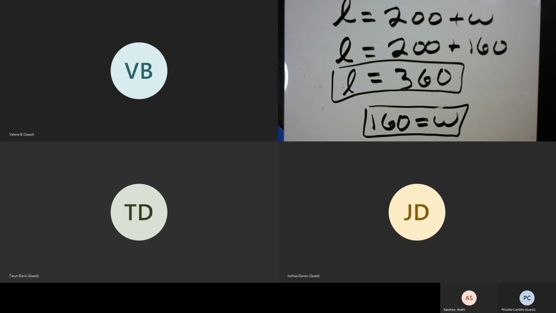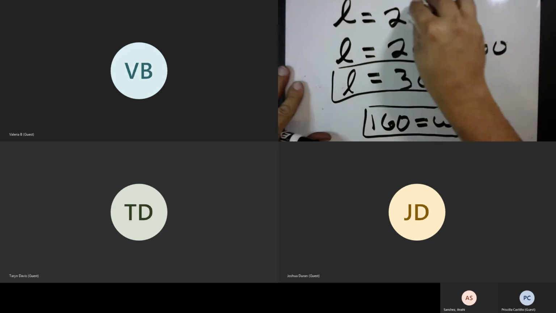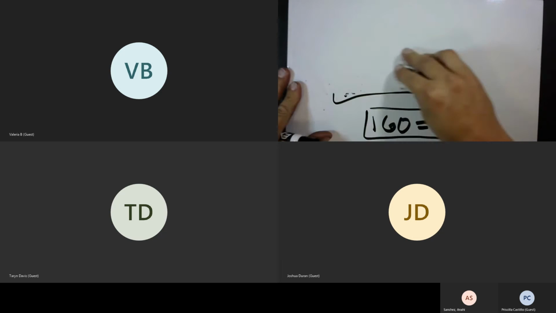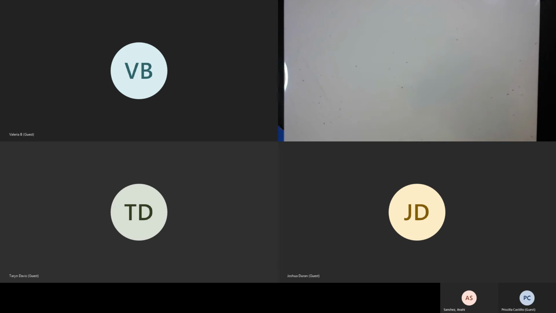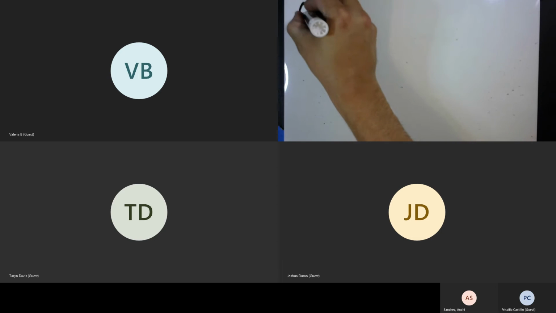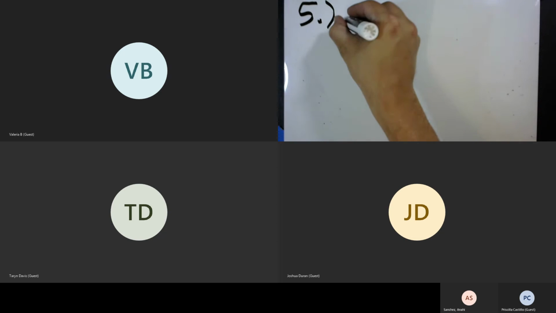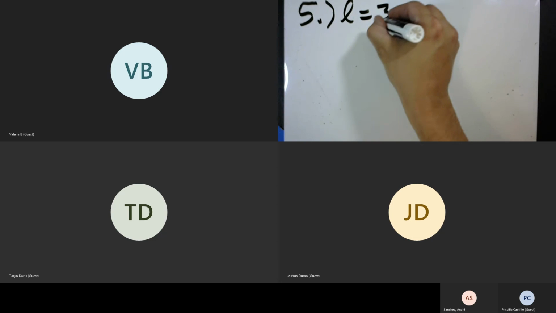So the next thing to do is to check the problem. Does the answer make sense? Now we usually check it against the wording. So the length was 360.